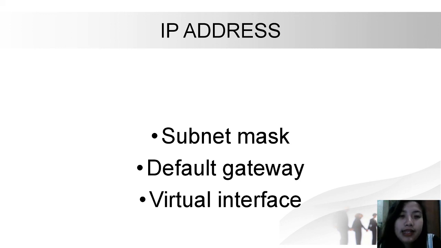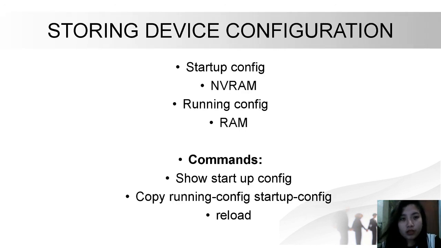The IOS CLI provides hotkeys and shortcuts that make configuring, monitoring, and troubleshooting easier, as commands and keywords can be shortened to the minimum number of characters that identify a unique selection.